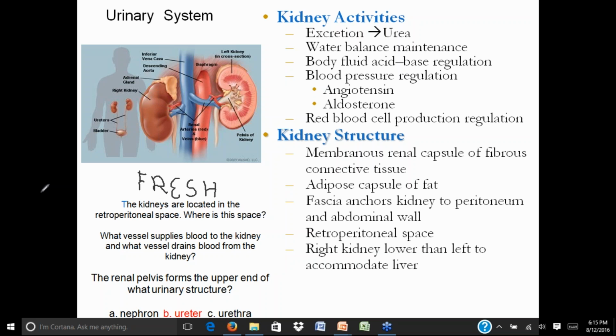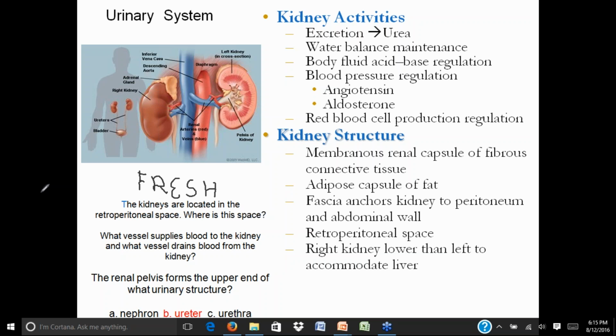If your blood is alkaline, the convoluted tubules are going to secrete hydrogens into the blood to make the pH normal.